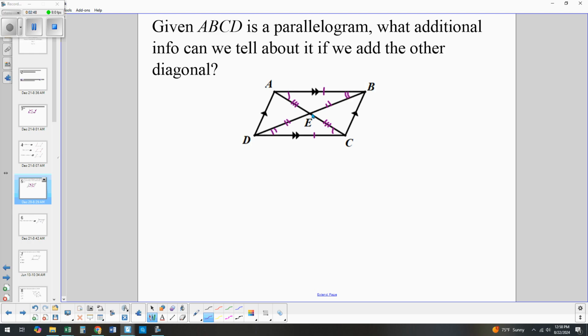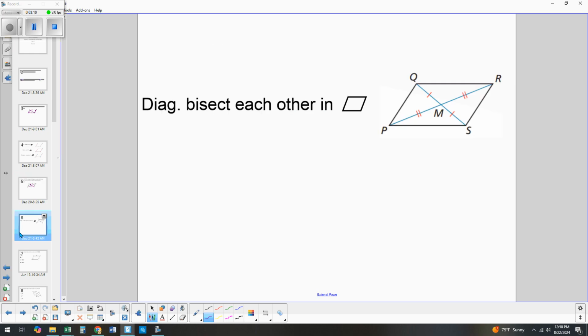The diagonals are what we're going to call the two lines that are crossing here, when they connect from one vertex to a non-consecutive vertex. They bisect each other, right? E is the midpoint of BD because it split it in half, and E is the midpoint of AC because it split it in half. So the diagonals bisect each other in a parallelogram.